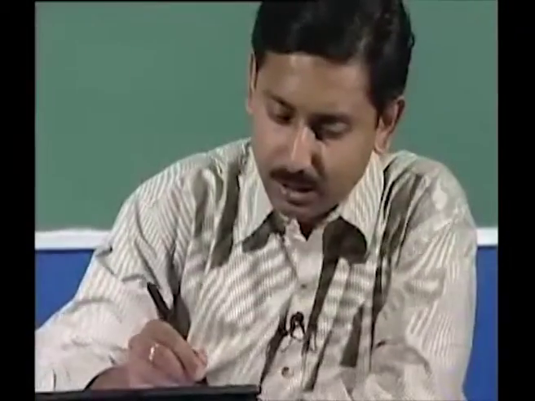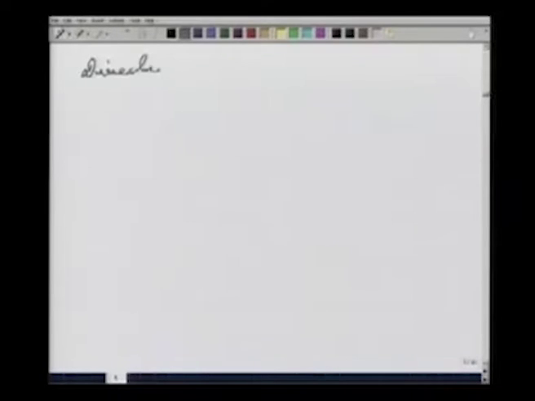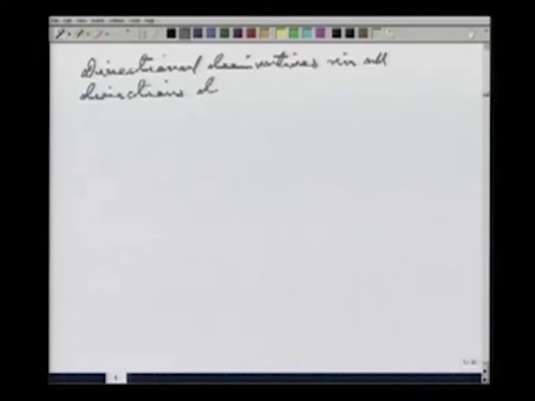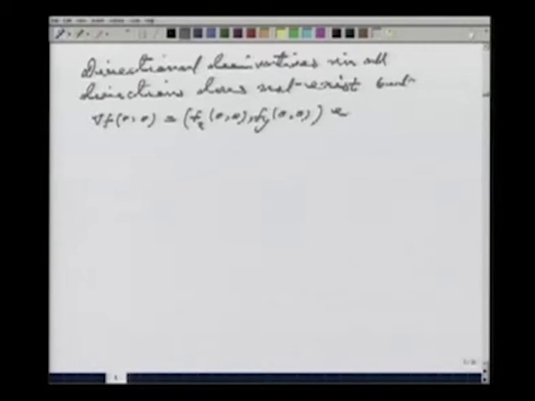So the conclusion is that directional derivatives in all directions do not exist, but grad f at (0,0), which is given by (f_x at (0,0), f_y at (0,0)), exists.